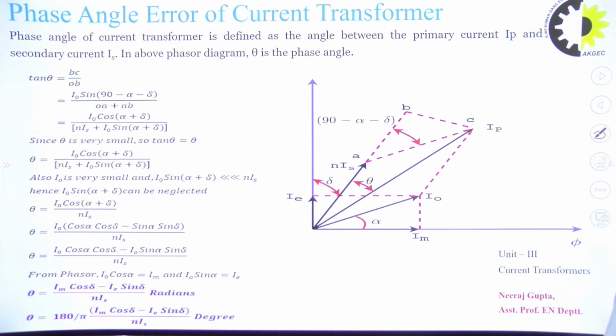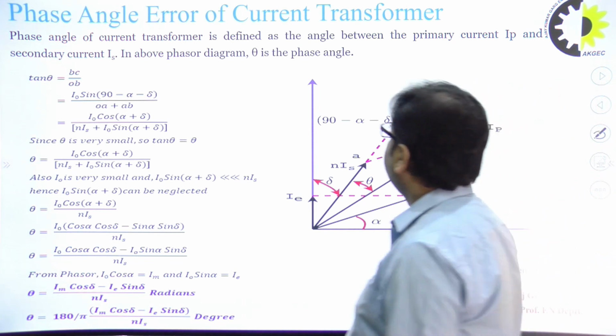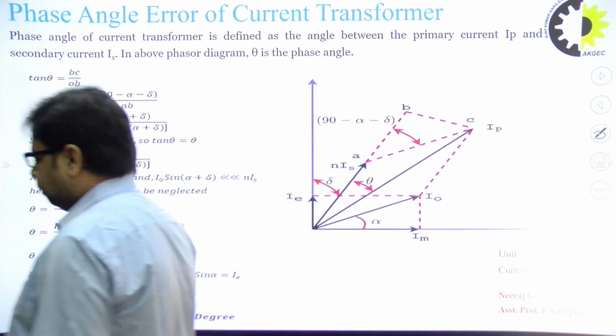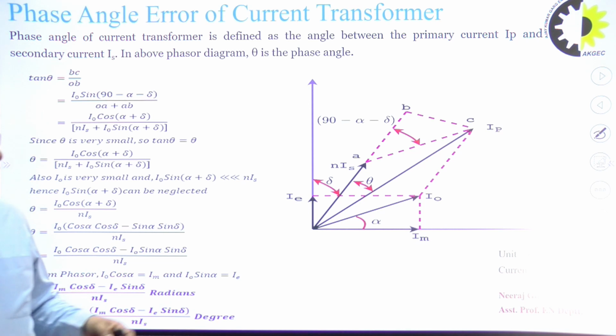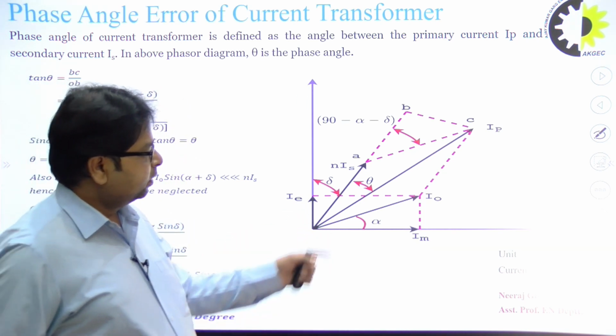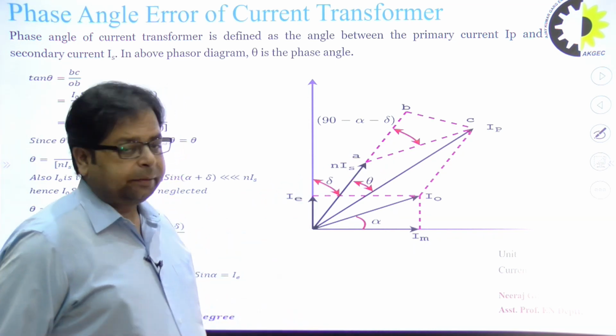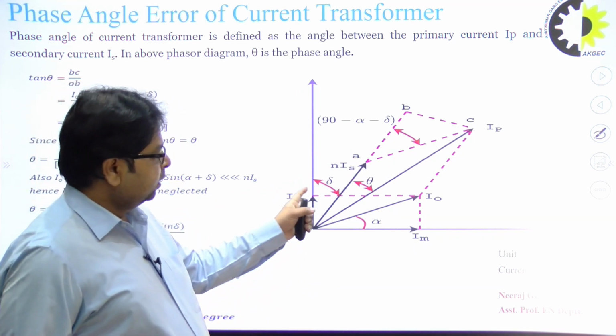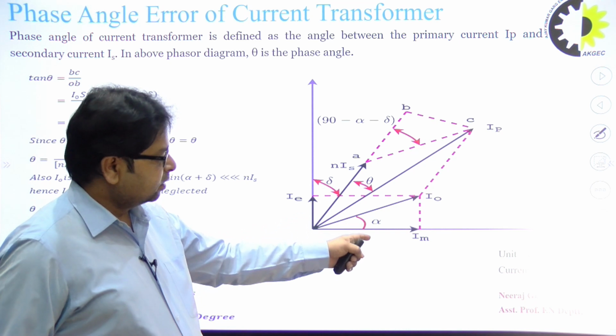Now, let us talk about the phase angle error of this particular current transformer. If we want to calculate the phase angle error, going back to the phasor that we have calculated, this angle is 90 minus alpha plus minus delta, this is delta, this is theta, this is alpha.